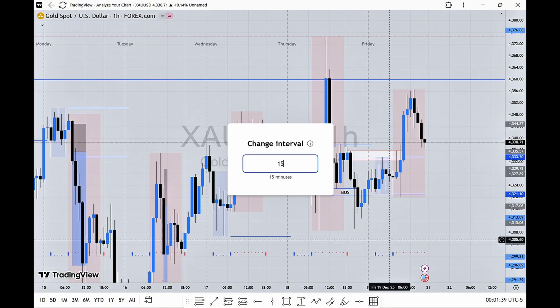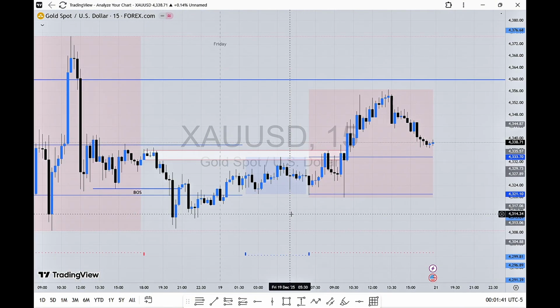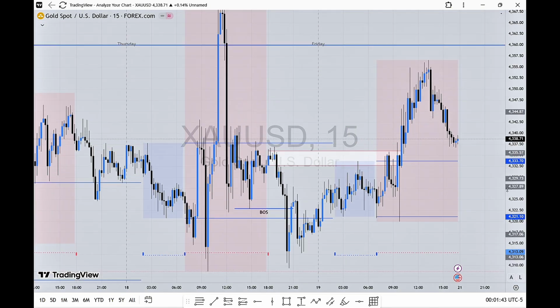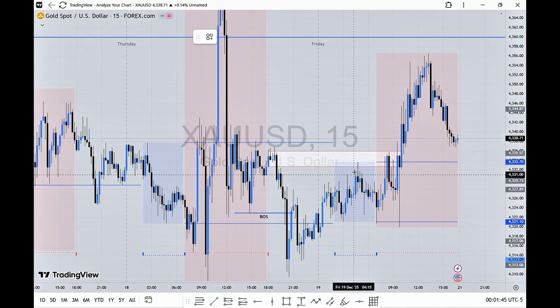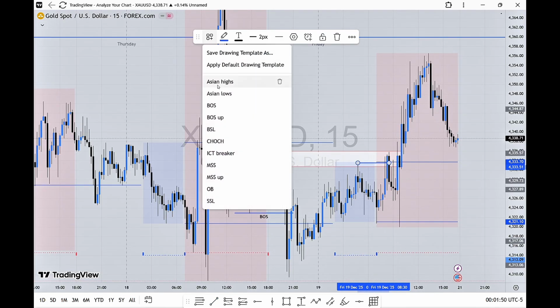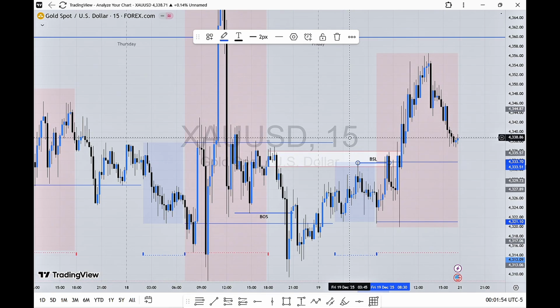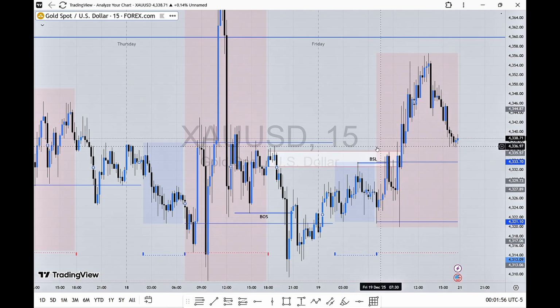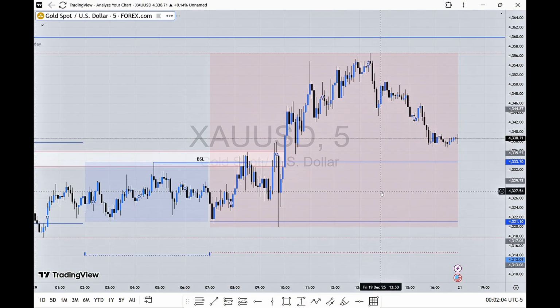So let's head down to a 15 minutes time frame to see what happened during New York session. As you can see here, during New York session, the market took out this liquidity from the previous session, which is the London session, right? It was the buy side liquidity. So around this area, I was looking for the market to give me some form of market structure shift before I could enter for the trade, right?